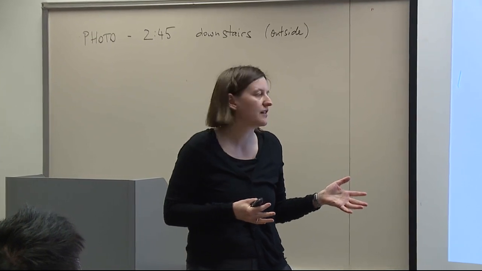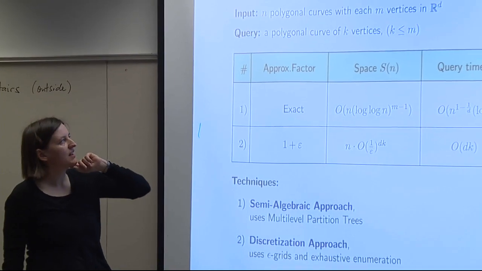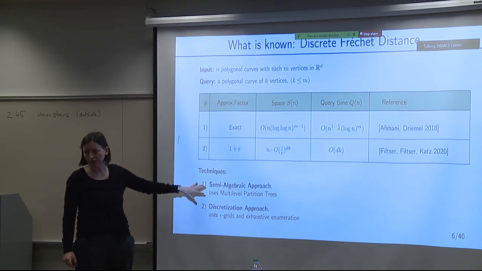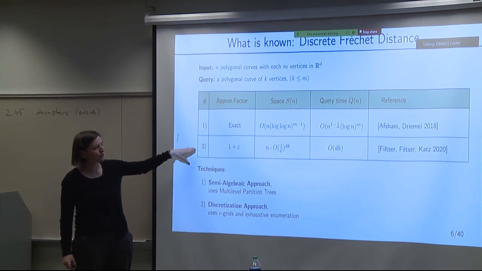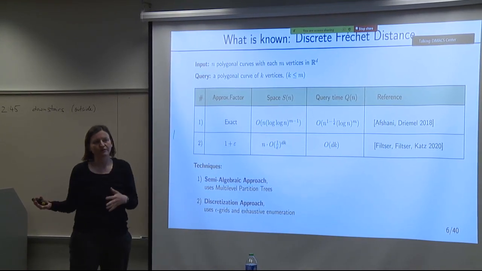So this is not the complete picture, but because I want to focus on the main techniques, I'm going to focus on these two results. I want to explain the techniques used for these two results, and also how these techniques show up in solving the continuous version.